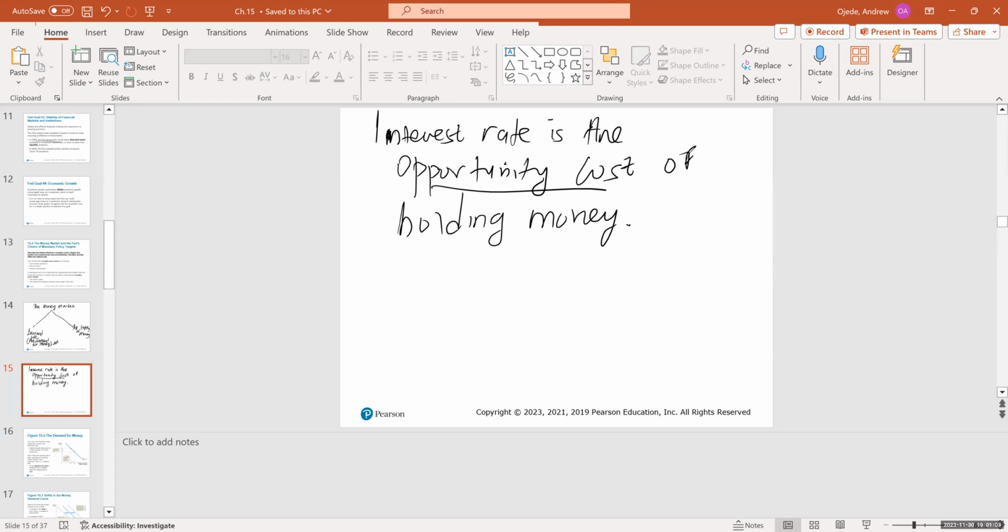So there's a relationship between the interest rate that banks pay on savings accounts, or the interest rate on investments like bonds, or the return on stocks or housing, and money holding. That relationship is negative.